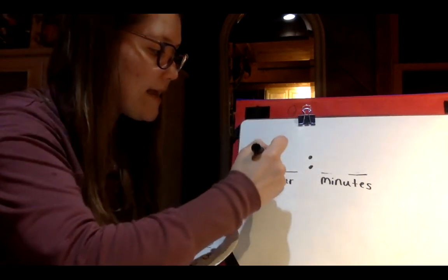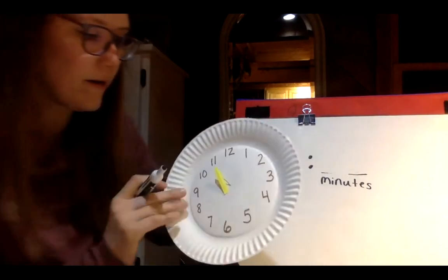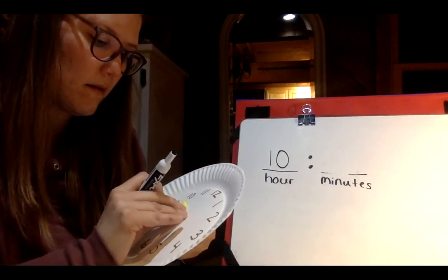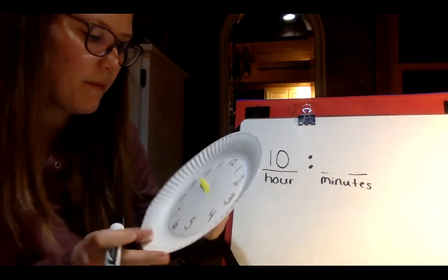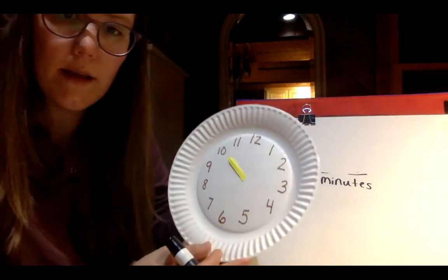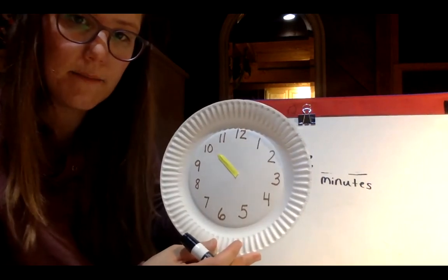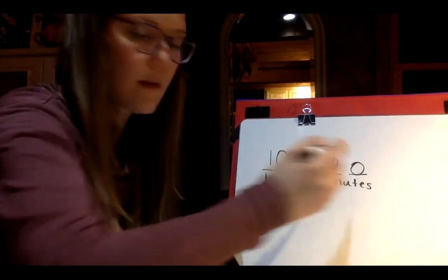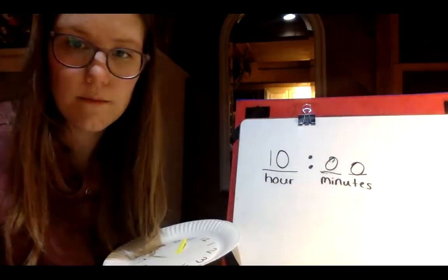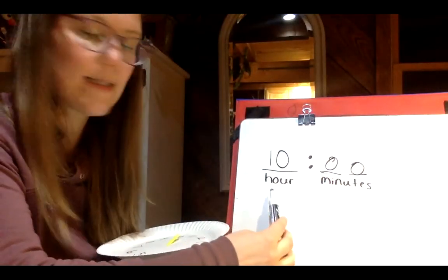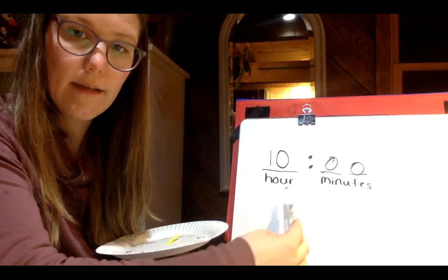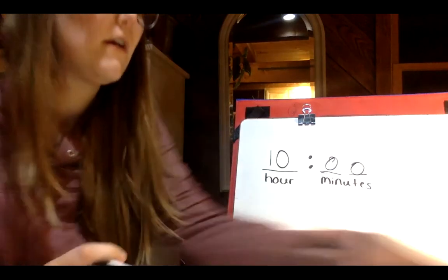So I'm going to write 10 as the hour because my hour hand is pointing exactly to the 10. And the minutes, 0, 0. So we would read this as 10 o'clock. 10 o'clock. All right.